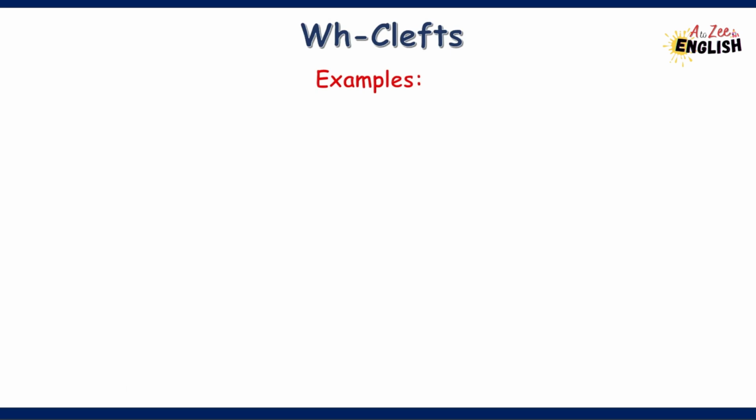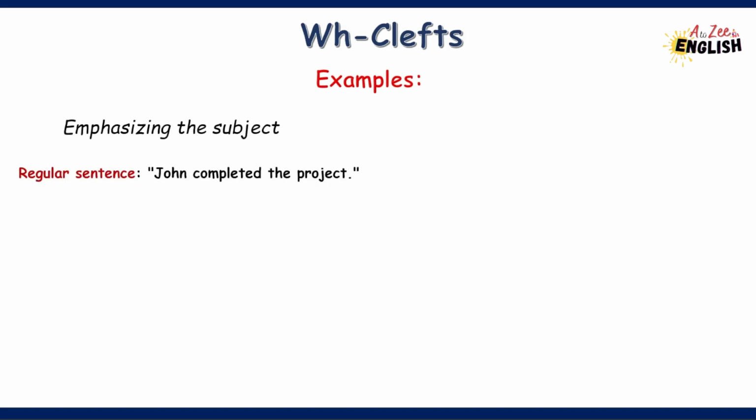Let's take some examples. First one is emphasizing the subject. The regular sentence is: John completed the project. This is a straightforward sentence where John is the subject, completed is the verb, and project is the object.